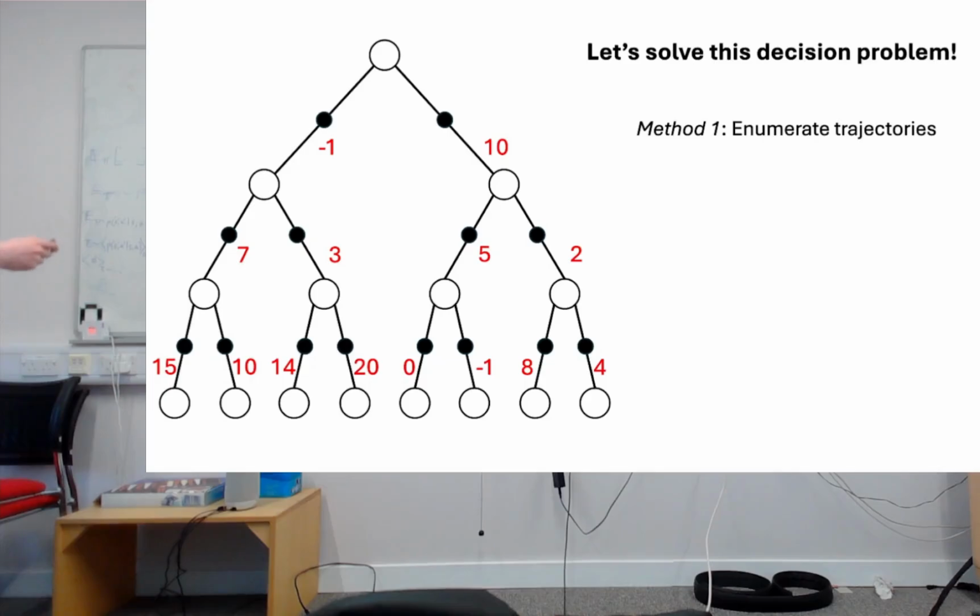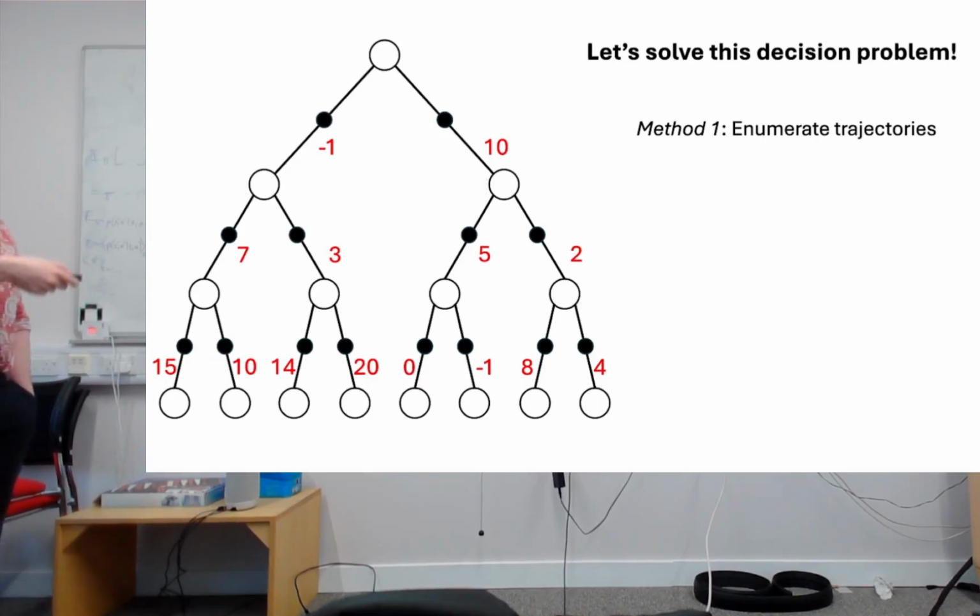So I might start at the top and then go left and end up here, and then go right, and then go left again. And this is one trajectory through this MDP. These bottom states here are terminal states, and when I hit these, it's over, the game is up. And then I can consider all possible routes through this. This will tell me all the possible things I could do, and from this I can work out what the best possible thing to do is.